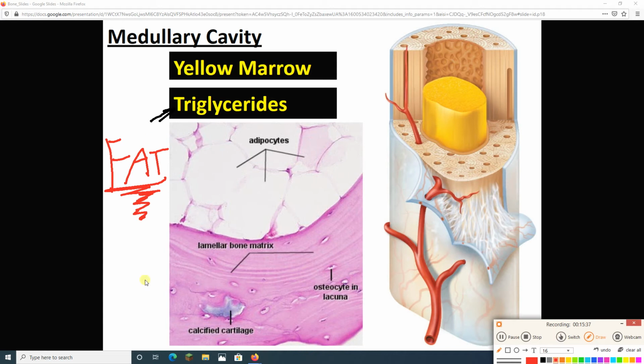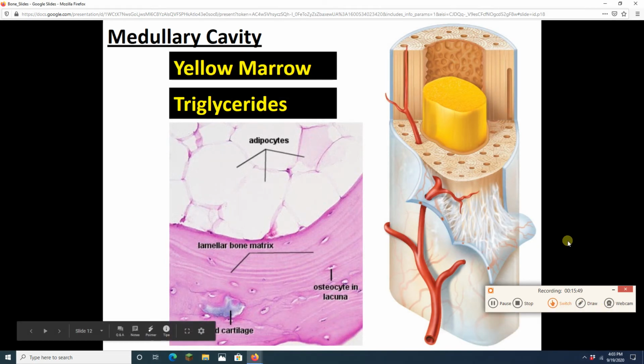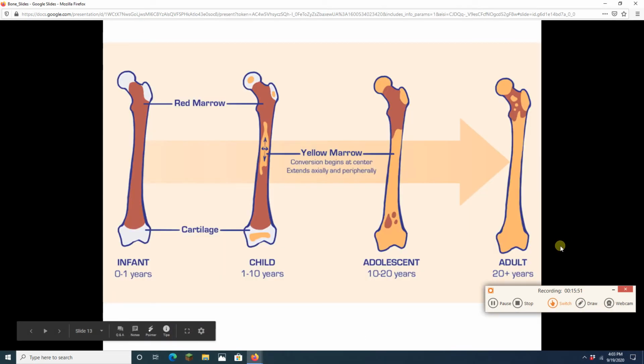If we are adult humans. If we are referring to a non-adult human, then things get a little bit trickier. When you are a tiny baby, so 0 to 1, tiny little thing, you have basically entirely red bone marrow in that diaphysis.